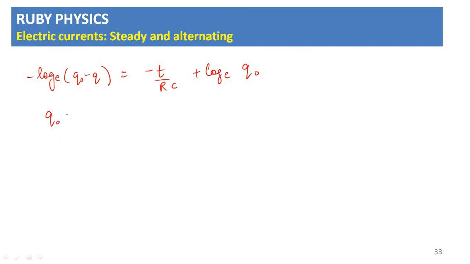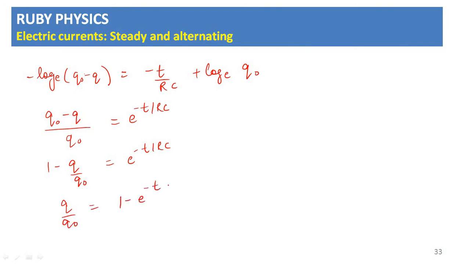Then we write it as Q naught minus Q upon Q naught is equal to e to the power minus T over RC. This can be written as 1 minus Q upon Q naught is equal to e to the power minus T over RC, so Q upon Q naught is equal to 1 minus e to the power minus T over RC, and Q is equal to Q naught times 1 minus e to the power minus T upon RC.